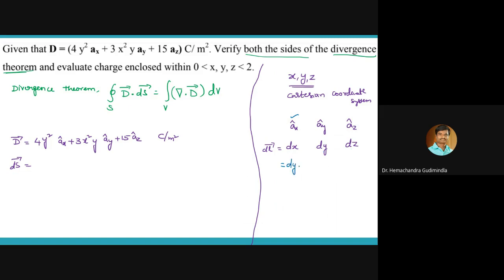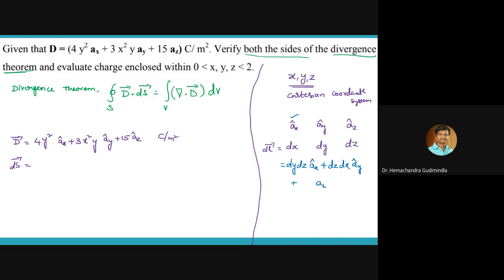Along the y direction, the remaining terms are dz and dx, so ay cap.